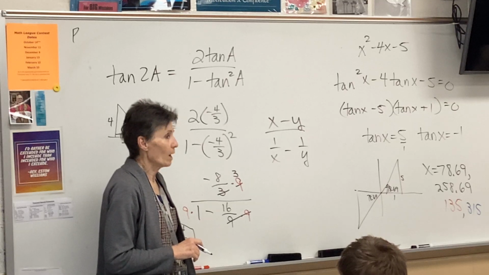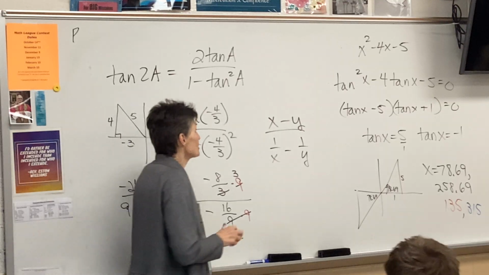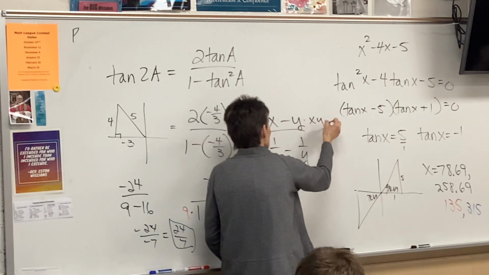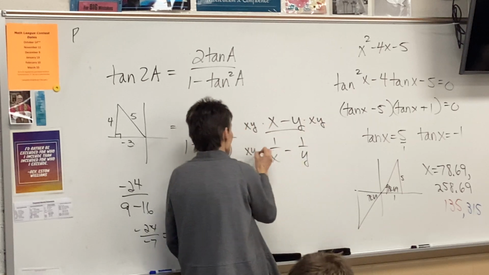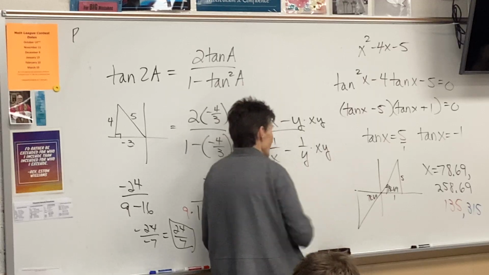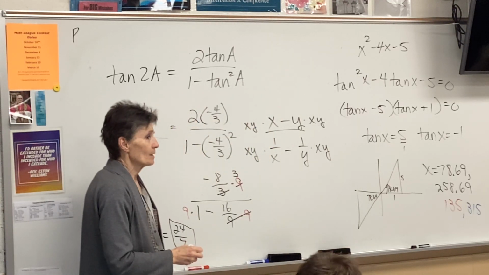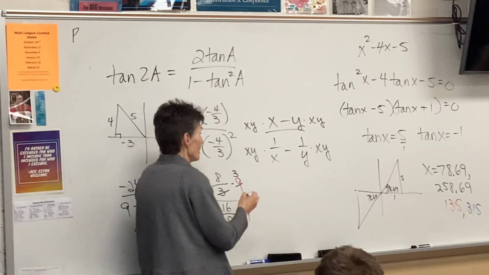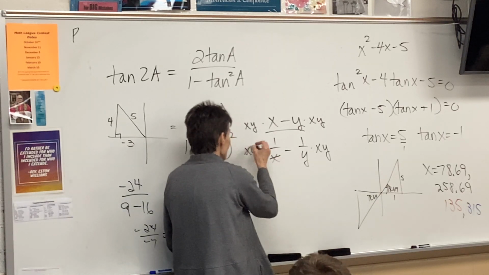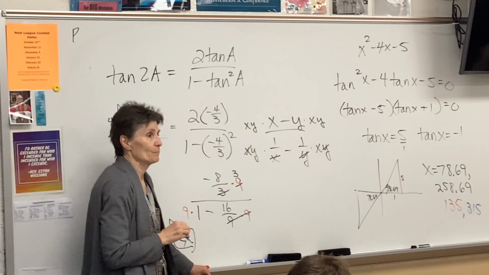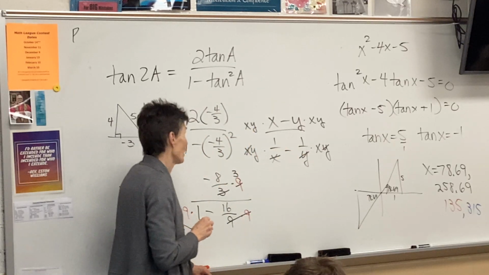X and Y. So I'm going to multiply this by XY, this by XY, this by XY, and this by XY. And you might be thinking to yourself, oh, good grief. But notice that now there are no little fractions left. It's just the regular fraction.